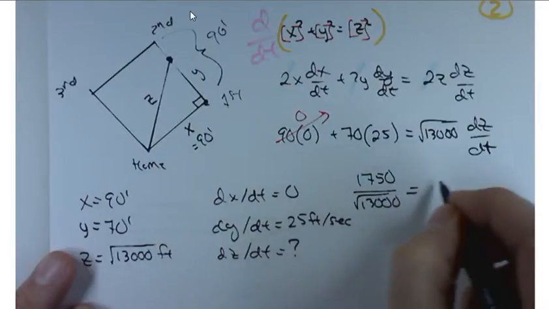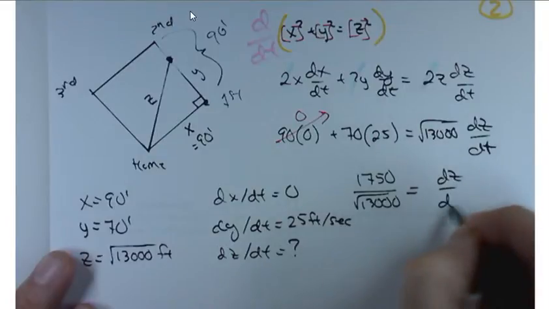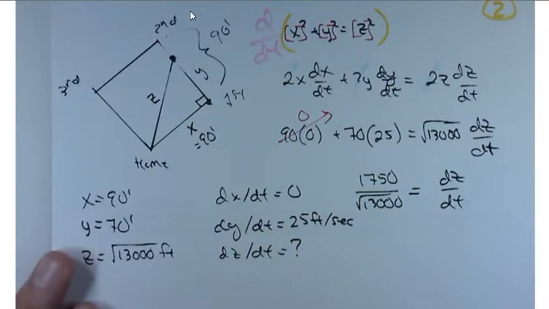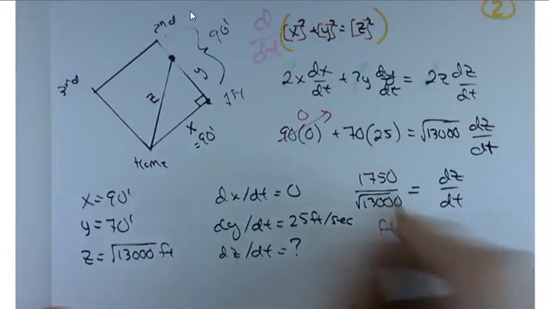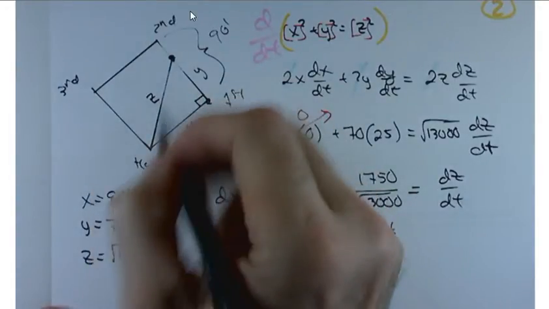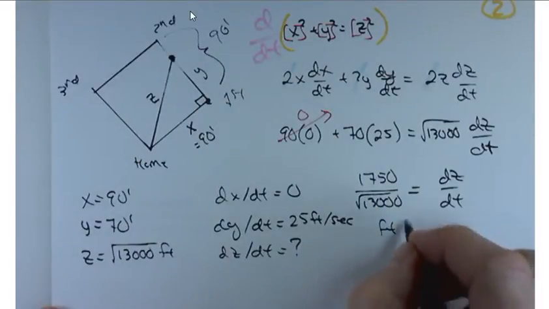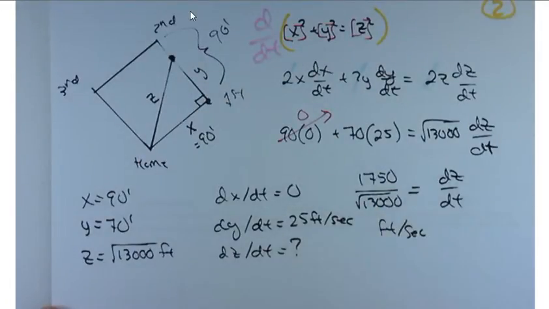And we get 1750 over the square root of 13,000 equals dz by dt. Very important here. What units go with this? Feet per second. So you're talking about how fast this distance is changing. Feet per second. That's it.